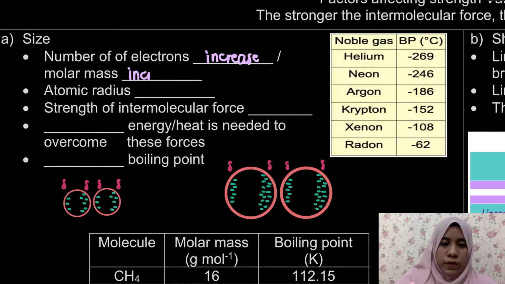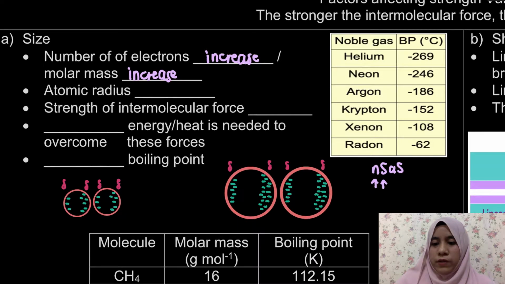Down the group, the number of shells and principal quantum number increase, the shielding effect increases, and the attraction between the valence electrons and the nucleus decreases. Hence, the size of the atom gets bigger down the group.